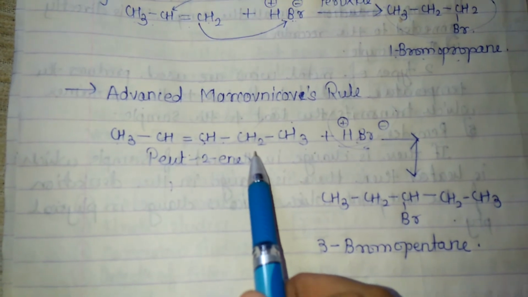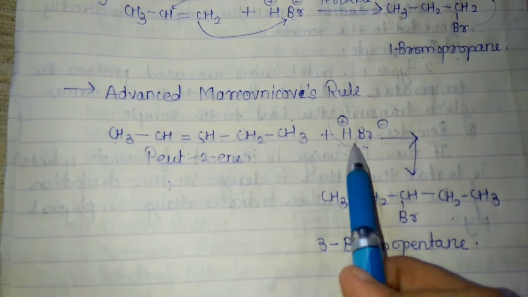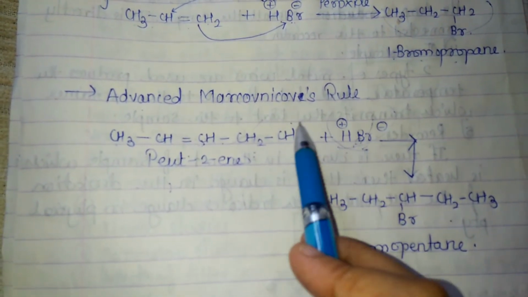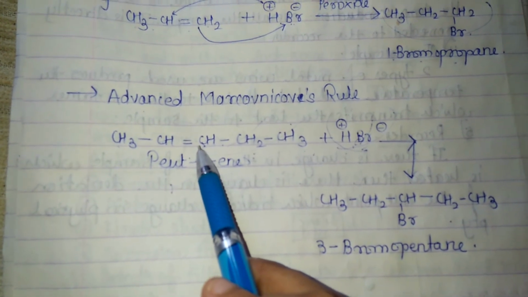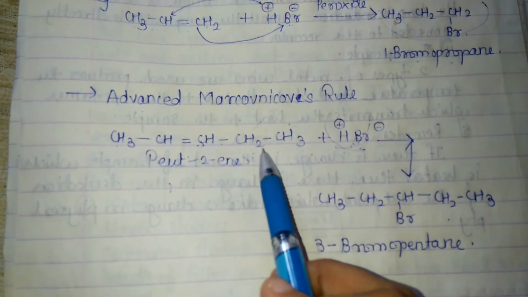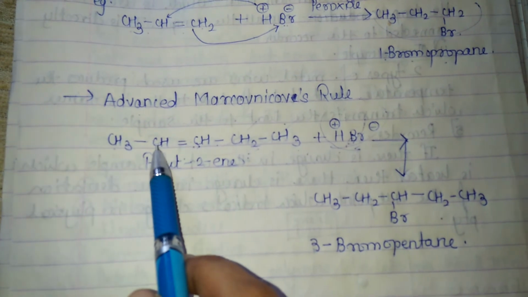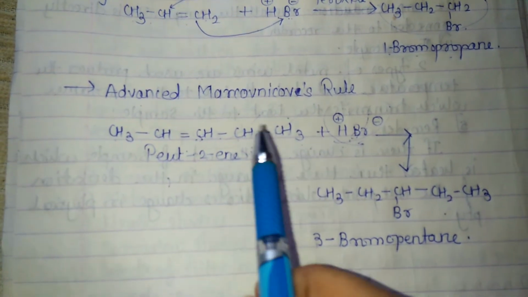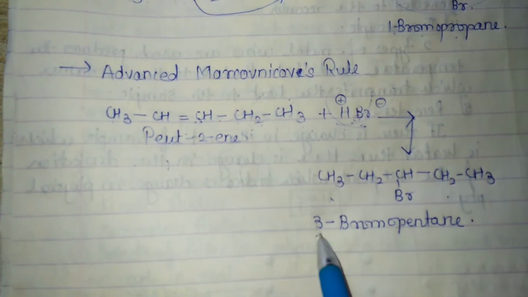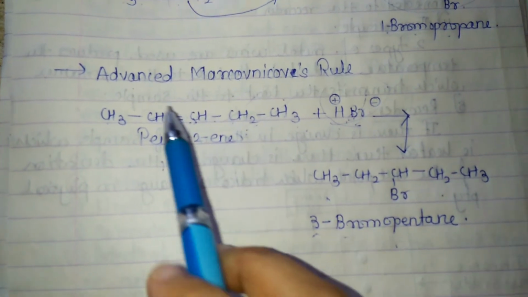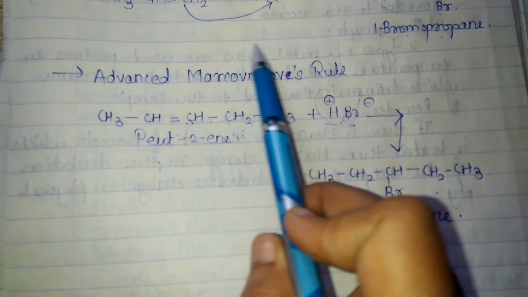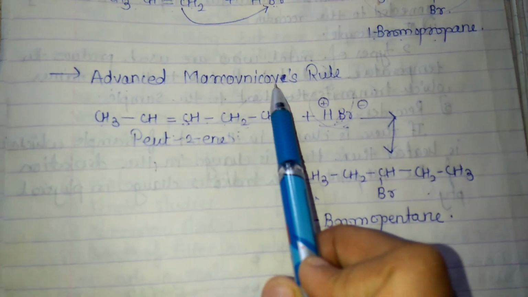Obviously the ethyl one is bulky. So the negative part of the reagent will attack this carbon because it contains the bulky group as compared to this carbon. And we get the product 3-bromopentane, and this rule is advanced Markovnikov's rule.